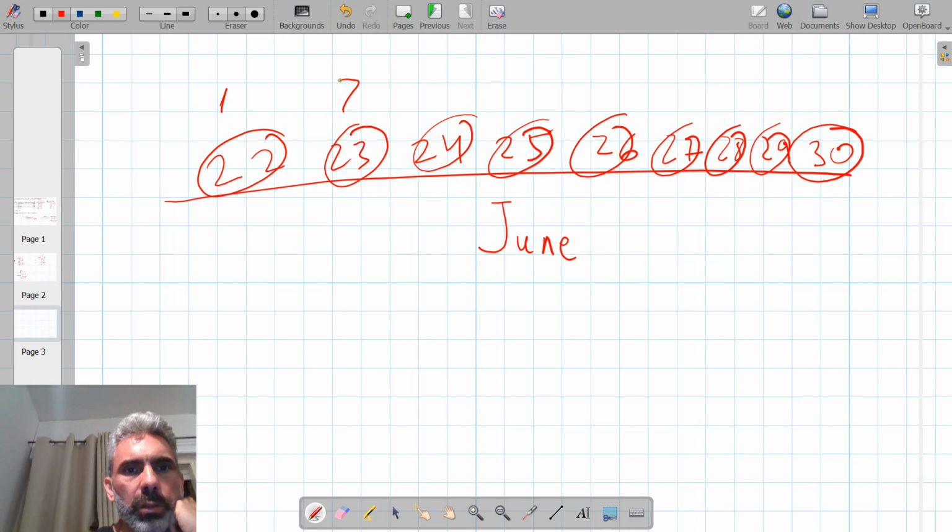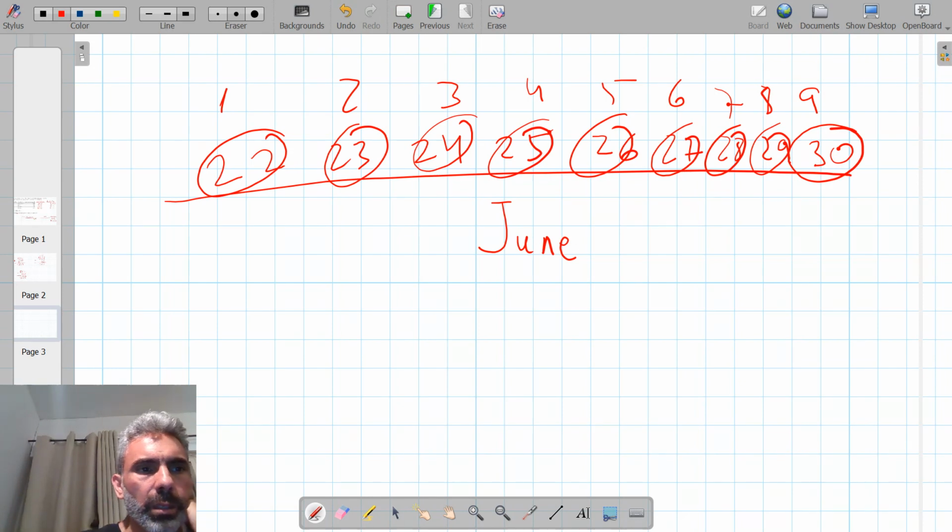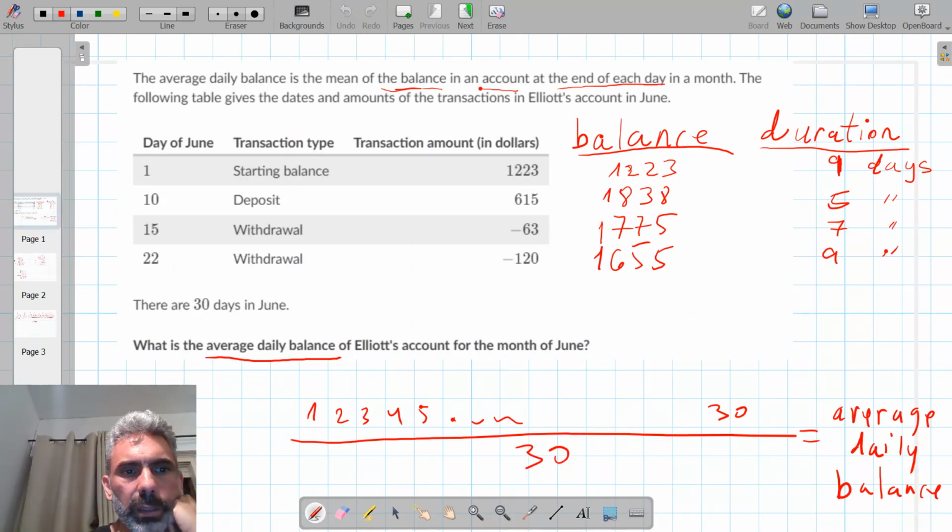So 1, 2, 3, 4, 5, 6, 7, 8, 9 days. The balance has stayed from June 22nd until June 30. There are 9 days where the balance has stayed $1,655.